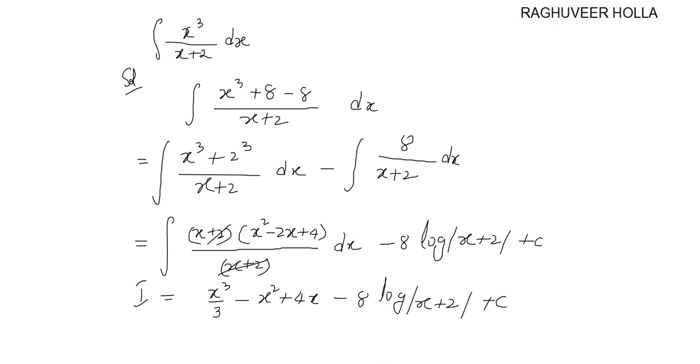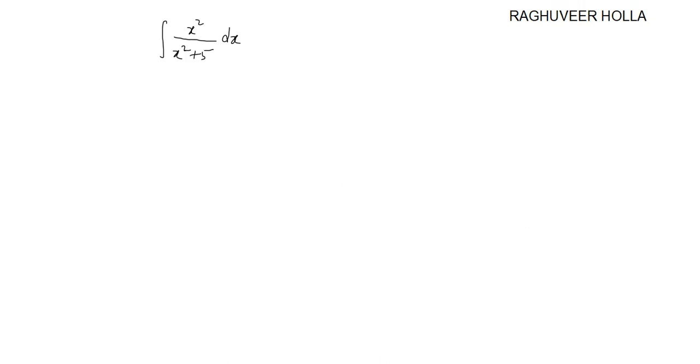So let us look into the next problem here. Let us try to solve this. Now again, like the previous problem, let us add plus 5 and minus 5, divided by x square plus 5, into dx. So let us try to solve this here.